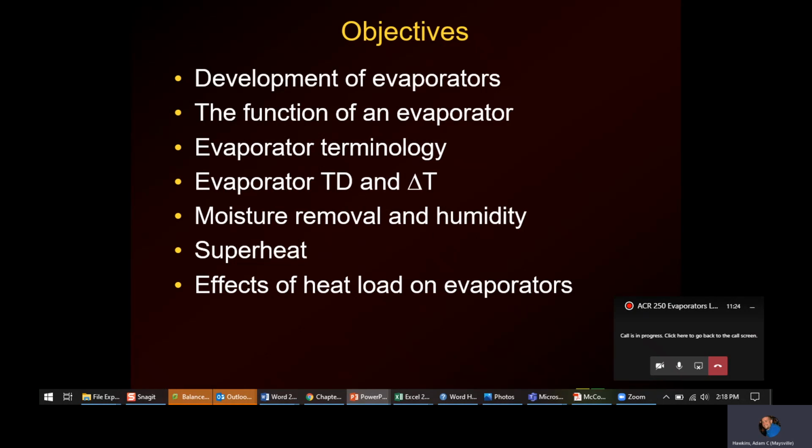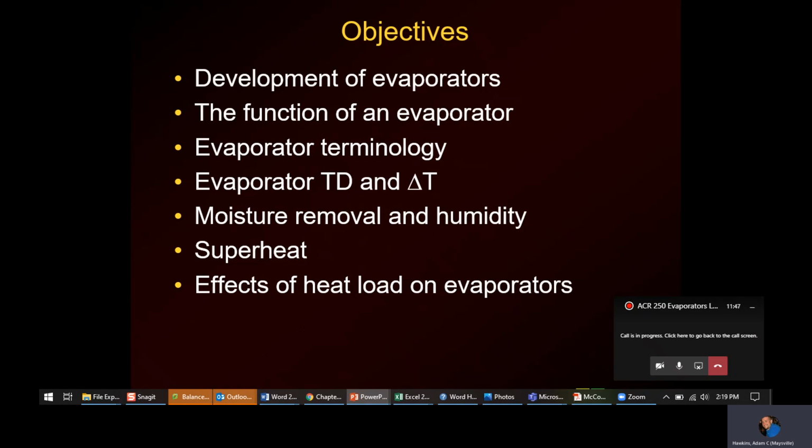Your suction line temp should be higher than your saturation temp, and it should be roughly 8 to 14 as a general rule, especially if you're working with a TXV, thermostatic expansion valve. And if you're working with a fixed orifice, hopefully you can learn how to calculate target superheat. So we may review that as well in class.